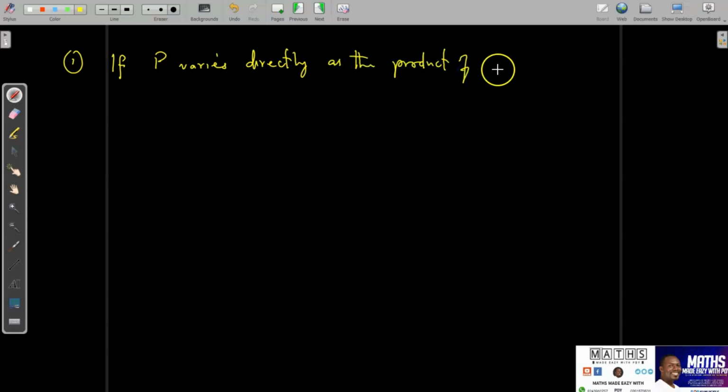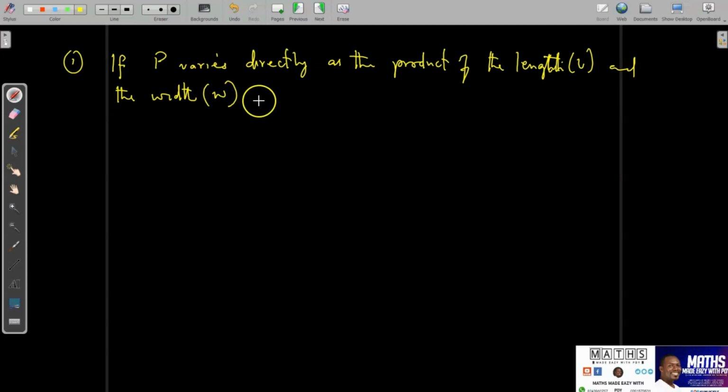So number one: if P varies directly as the product of the length L and the width W, and when P is equal to 80, L is equal to 15, and W is equal to 3.